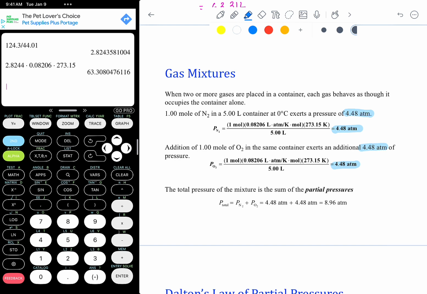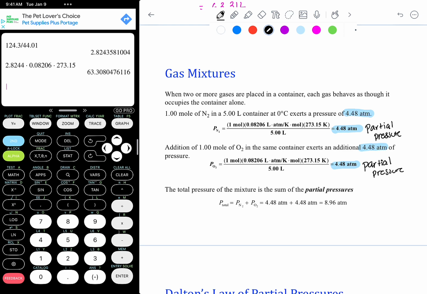So the individual pressures of each compound is referred to as the partial pressure. So because they're mixed together, the pressure is made up of the pressure of one type of gas as well as the pressure of the other type of gas. So the total pressure of the mixture is the sum of those partial pressures.